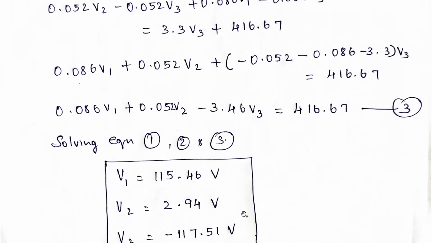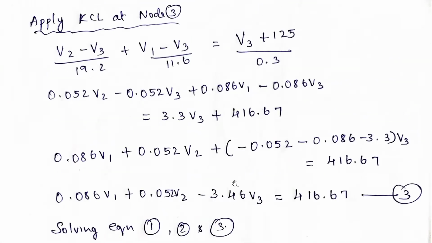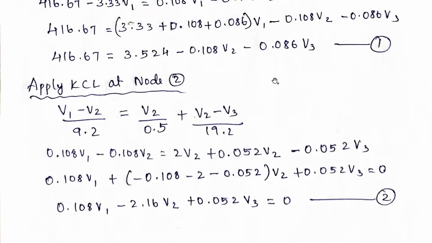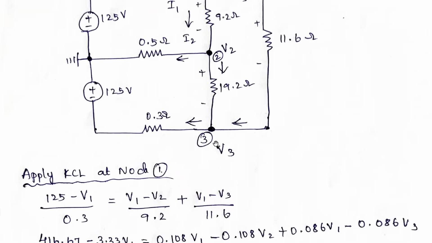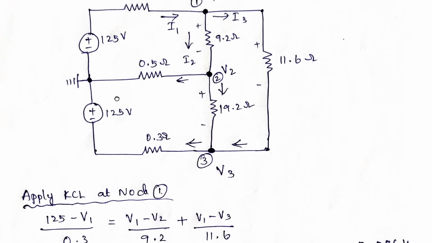Node number 3, V3 plus 125 divided by 0.3. So this is V3 and this is 125. Here one voltage is there, and 125 is also there. So I'm taking this voltage as V3 plus 125. Why? Because of the plus and minus you see: here it is minus, here it is plus.